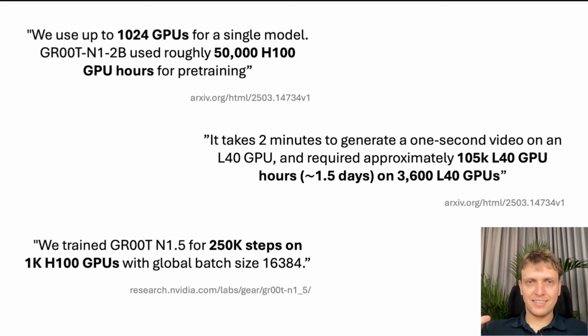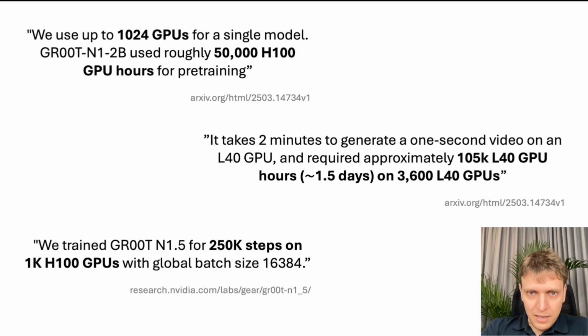And I made this slide with a few quotes from different papers and blog posts just to give you a sense of how much compute NVIDIA actually used to train this model. So for example, they used 1024 GPUs for this model and 50,000 H100 GPU hours for pre-training.